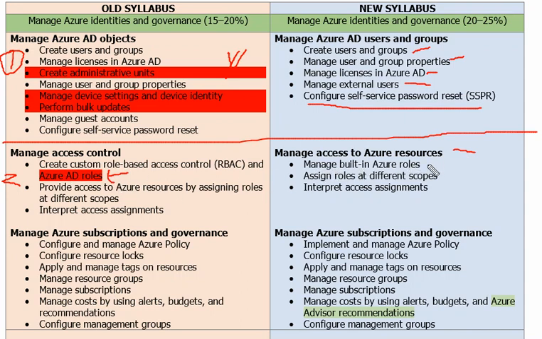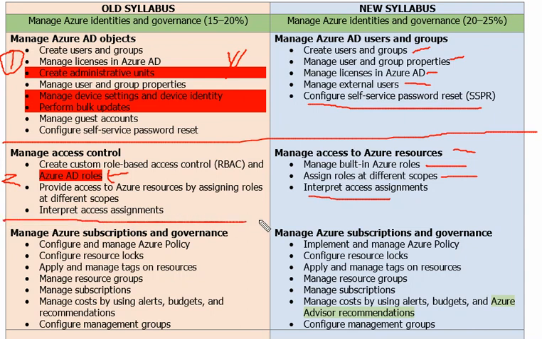Manage built-in Azure roles takes care of this. Provide access to Azure resources by assigning roles at different scopes is mapped to this one, and interpret access assignments is mapped to this one. So except for this red mark, there are not many changes in this section.